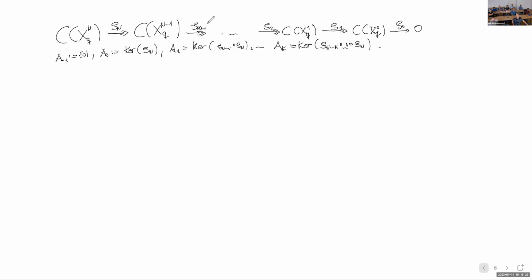So then it goes on. A n minus 1 is the kernel up to O1.